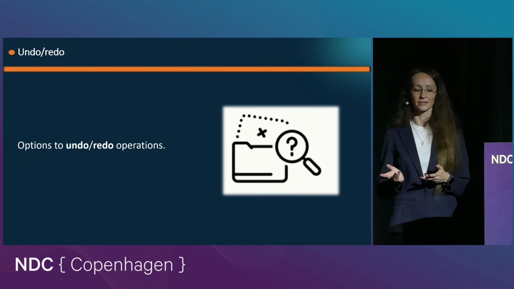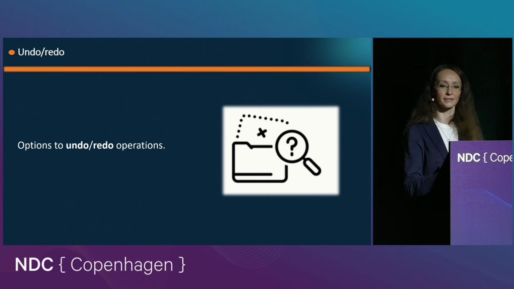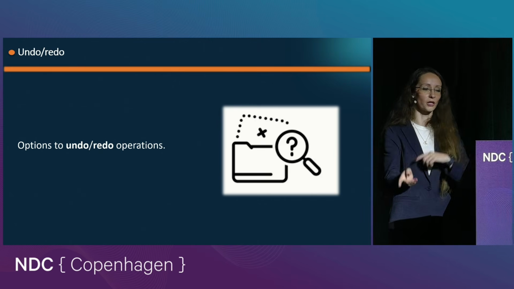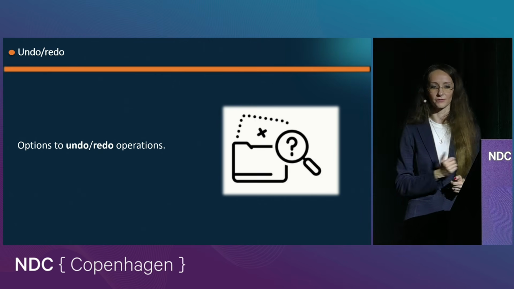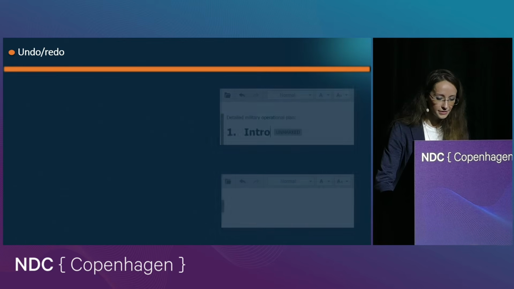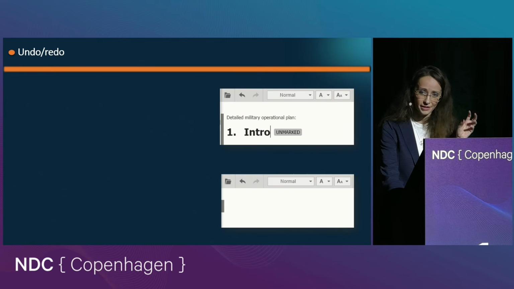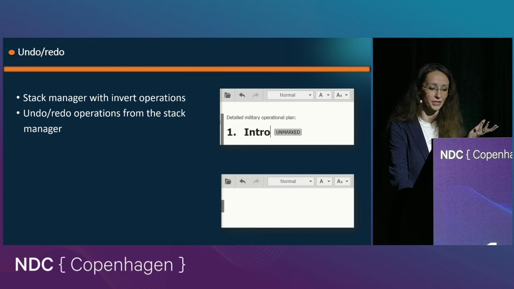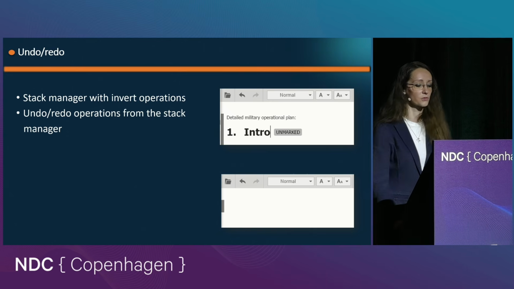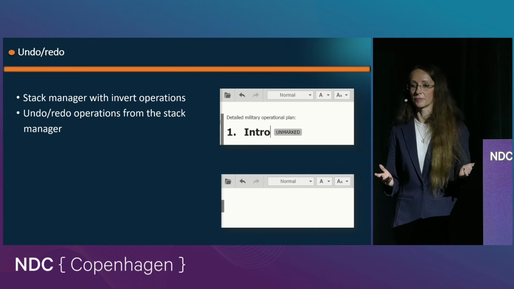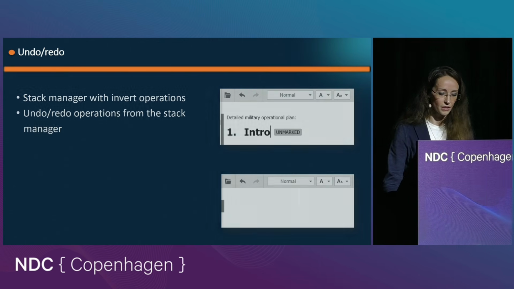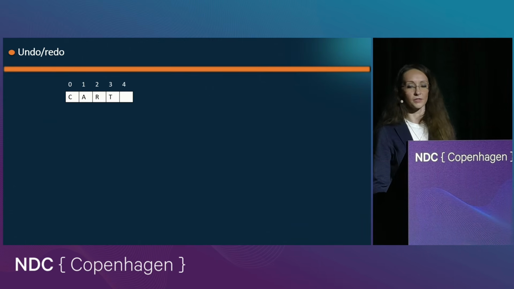And for this one, it wasn't just a one-time only. If they are playing around with undo-redo and so on, we also have to support all of this. And that is because, as mentioned, if someone had something in there and removed it, we want to be able to bring it back. And for this one, we have implemented a stack manager for undo-redo operations, which looks pretty much similar to this one.